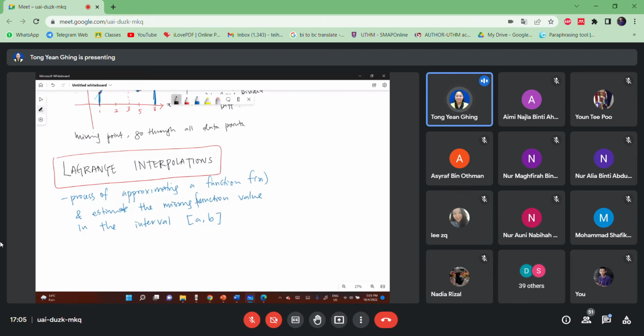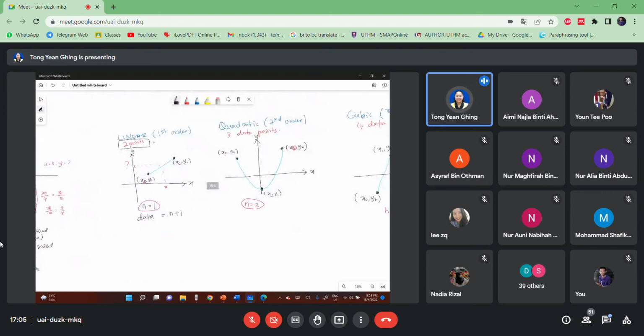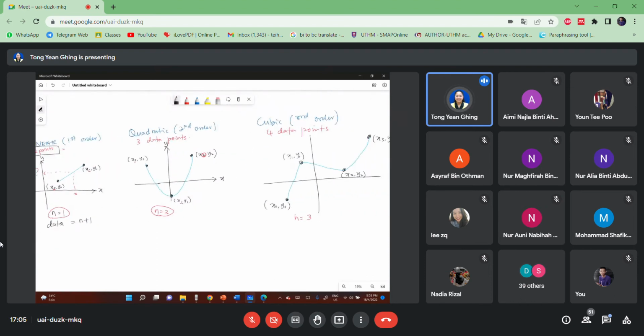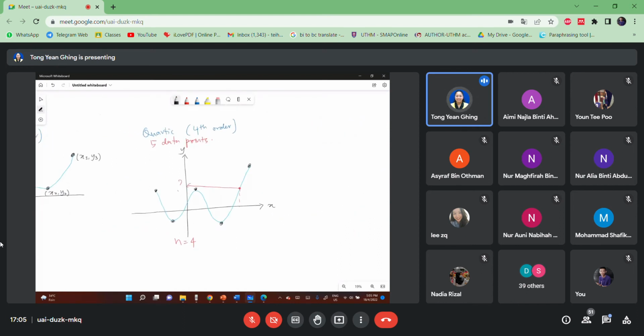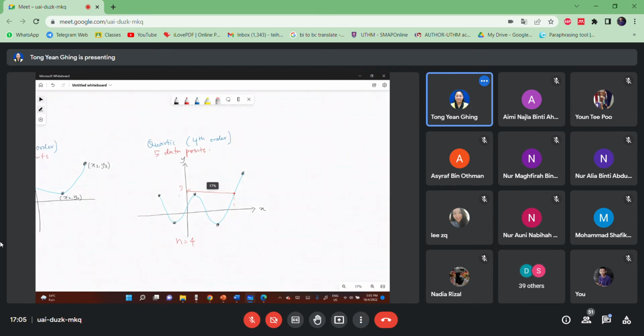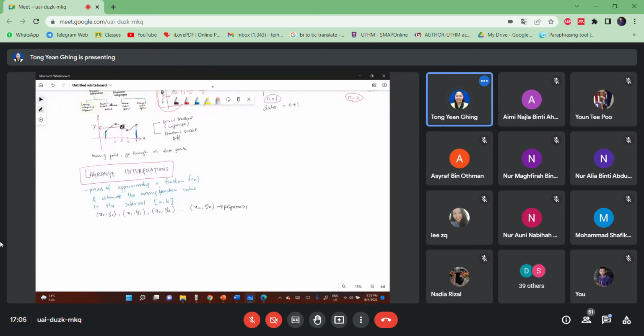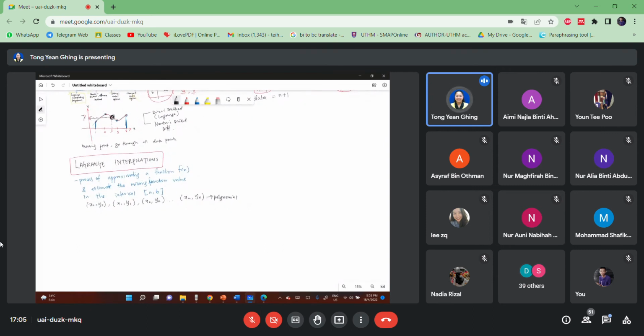So it can start from x0, y0, and then x1, y1, x2, y2, and so on until xn, yn, depending on the degree of the polynomial, whether that is linear first order polynomial, or quadratic second order polynomial, or cubic third order polynomial, or quartic fourth order polynomial, or even higher.